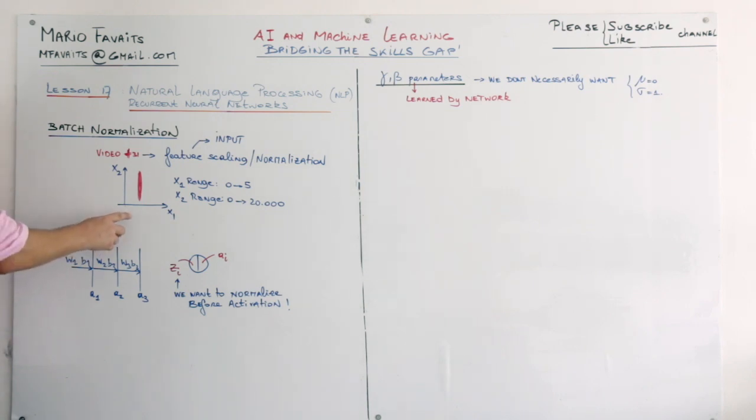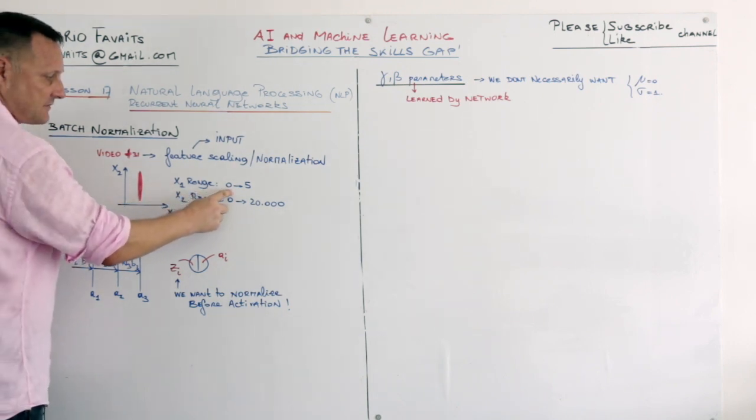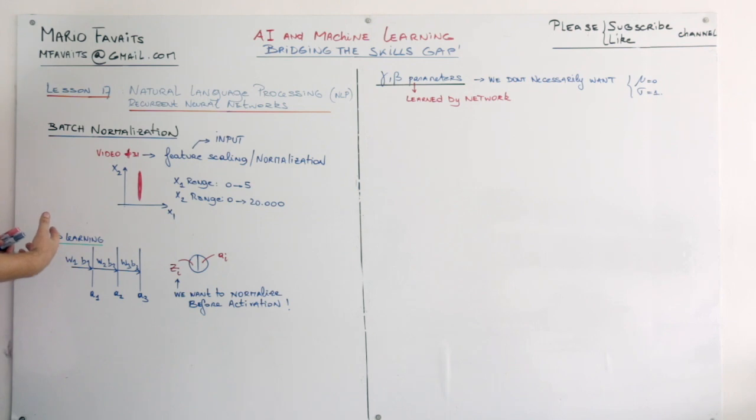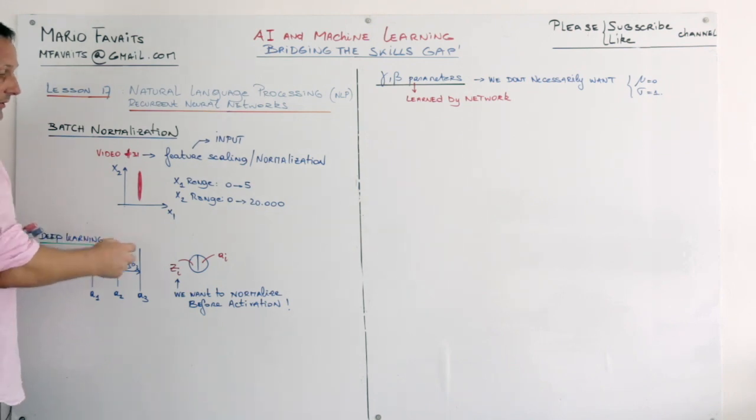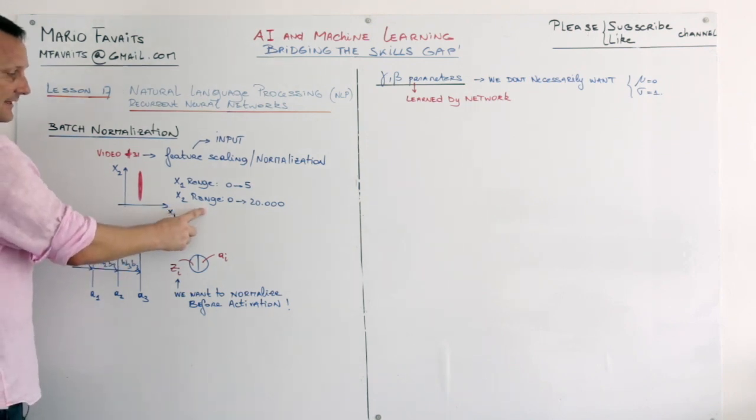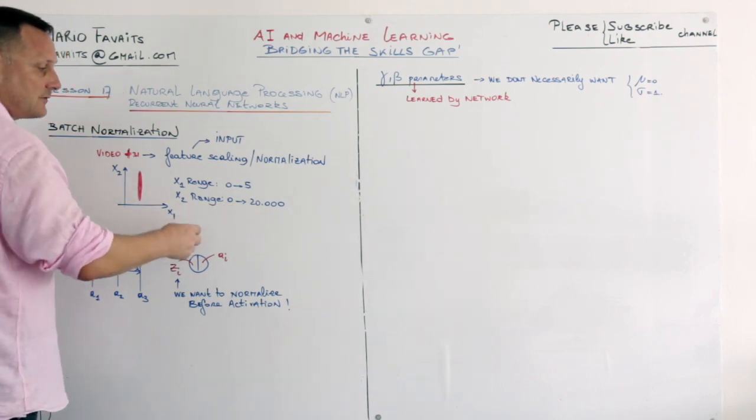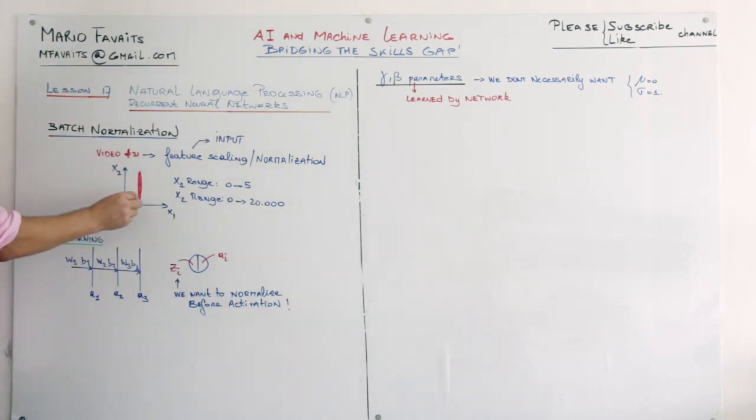So the problem is as follows. You have x1, x2, two features, and the range of x1 is from 0 to 5 and is smaller than the range of x2, which is between 0 and 20,000. So that means that when you're going to have contour plots, it's all going to be a very small set here that goes very far compared to the variance in the x1.